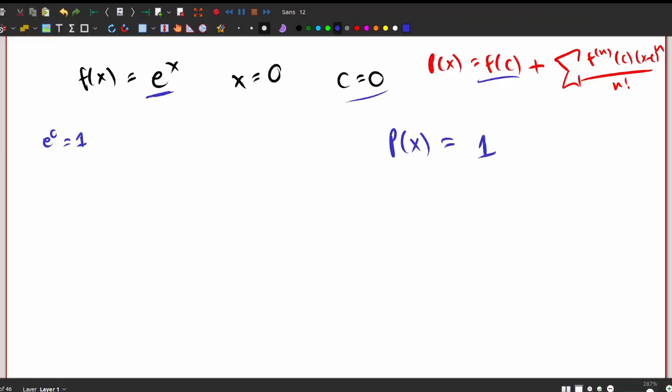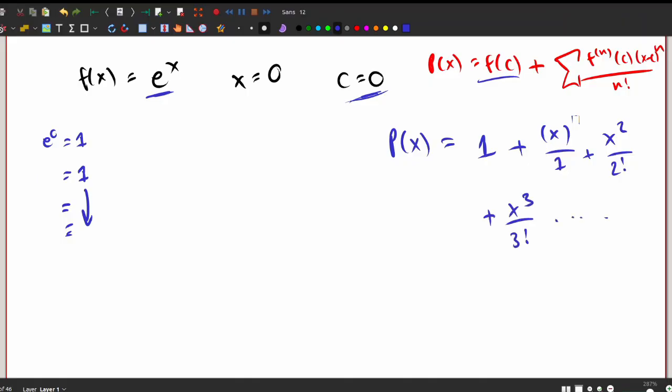Now, the derivative of e to the x is just itself. So the first derivative, evaluated at 0, is also going to equal 1, and so will every derivative beyond it. It's all just going to be 1, plus x minus c, which is 0, so instead I'm just going to write x to the 1 divided by 1 factorial, plus x squared divided by 2 factorial, plus x cubed divided by 3 factorial, so on and so forth.